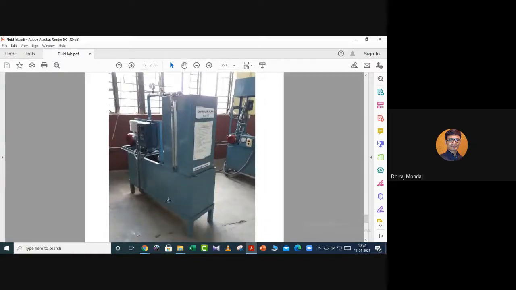Next, this is the centrifugal pump setup. The centrifugal pump is something you must have seen in your home, where water is placed in the water tank on your roof with the help of the centrifugal pump. So this centrifugal pump is basically used to place the water at a certain height, from the ground level to a certain height.